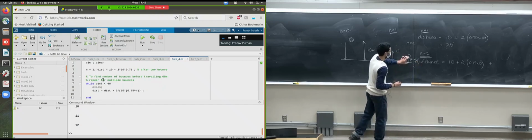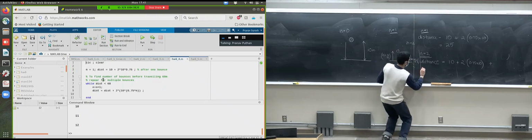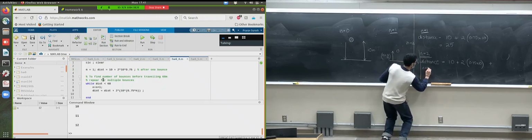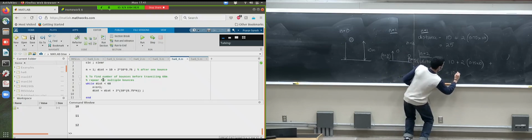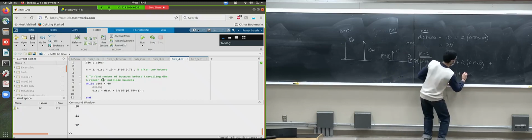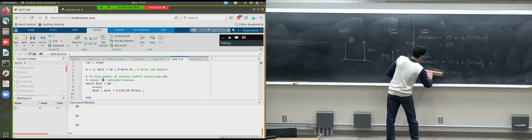So that would be the height. So the distance would be, it's n equals 2.